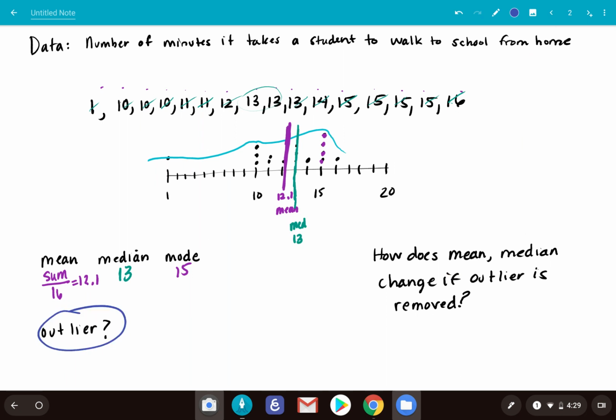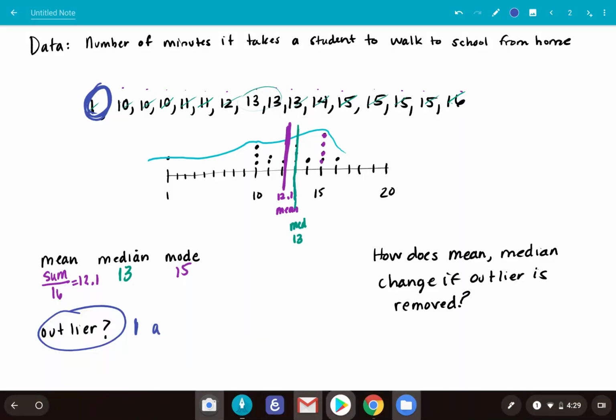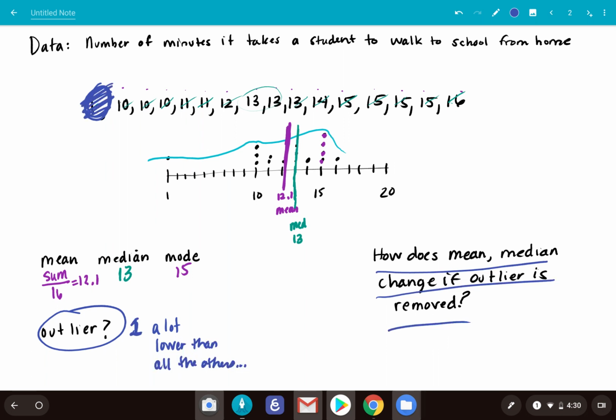In this case, the outlier that I would think would probably be 1. It's a lot lower than all the others. So the 1 is a lot lower than all the others. So let's see how the mean and the median change if we remove that 1. So let's just get rid of it.